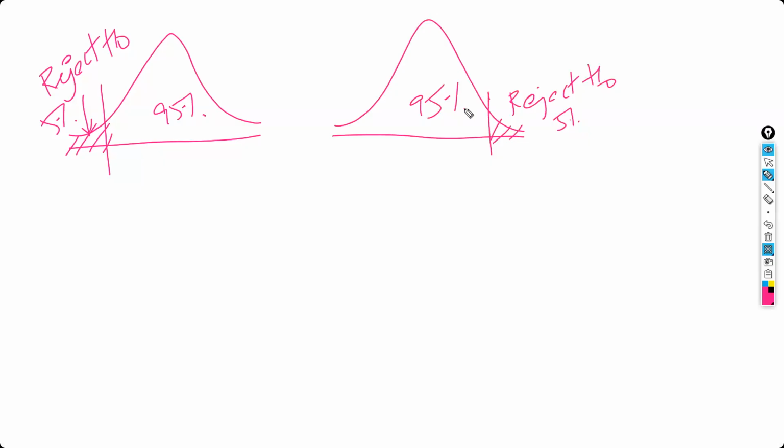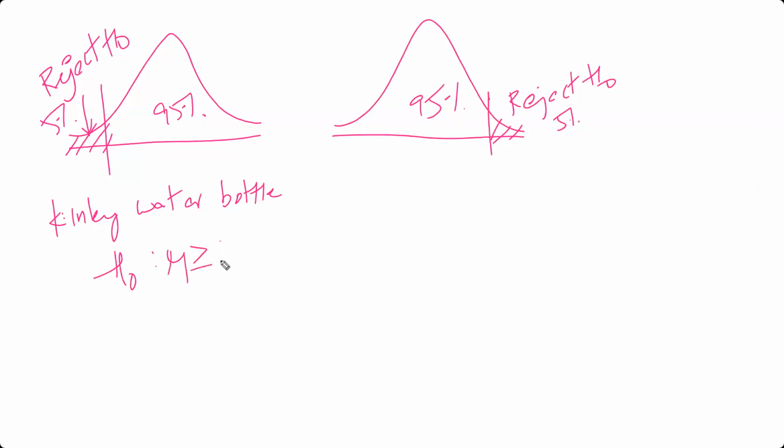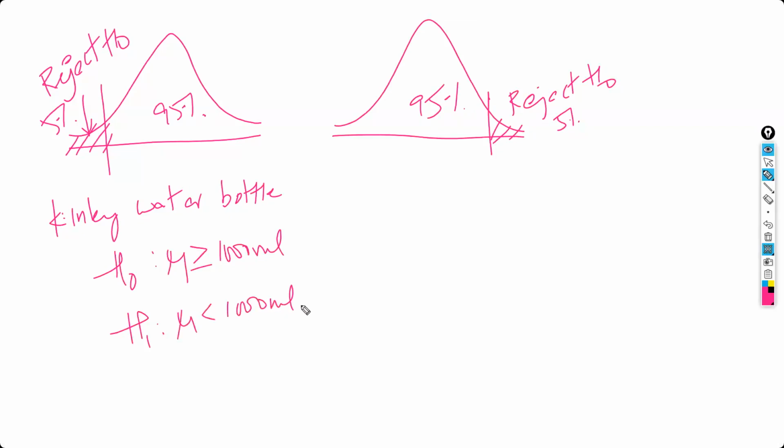For example, in the Kinley water bottle example, the null hypothesis is mu greater than or equal to 1000 ml, and the alternate hypothesis is mu less than 1000 ml.